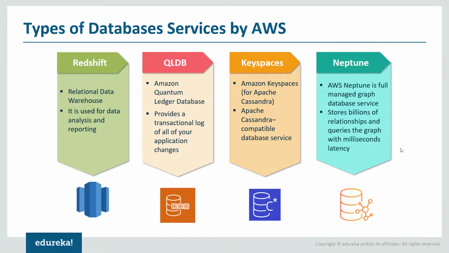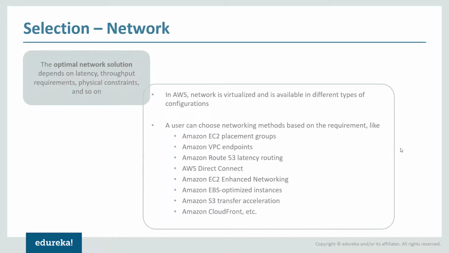But what if I have to choose from a network point of view? Let us understand them. It is very, very important that whenever you design a network, there is low latency, high throughput, and no physical challenges, no expansion challenges. In case I want to build something of that sort, what does AWS offer me?